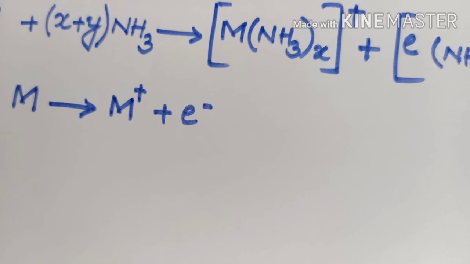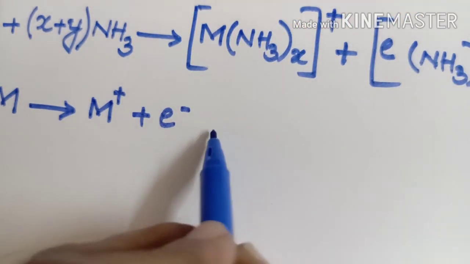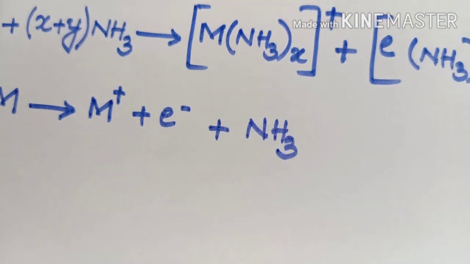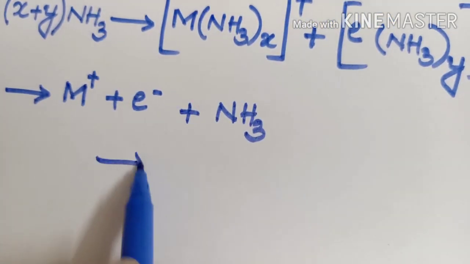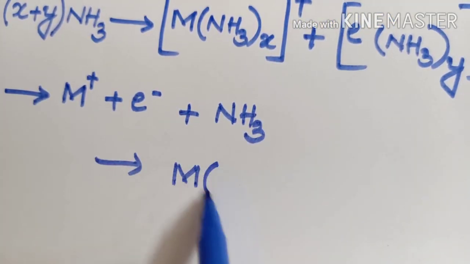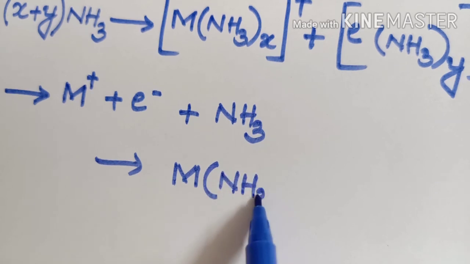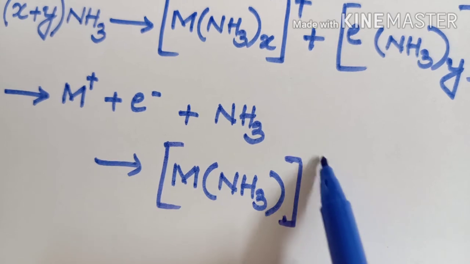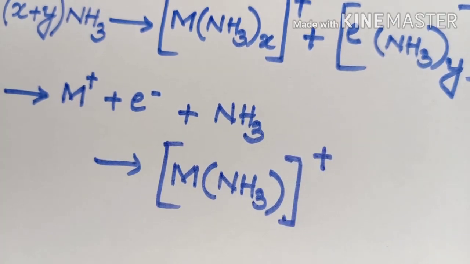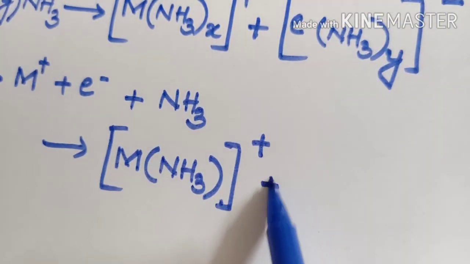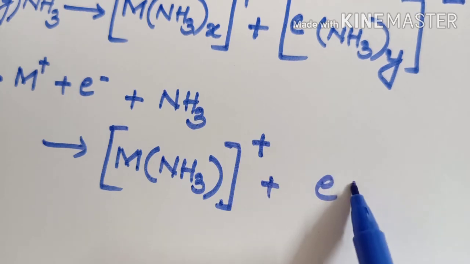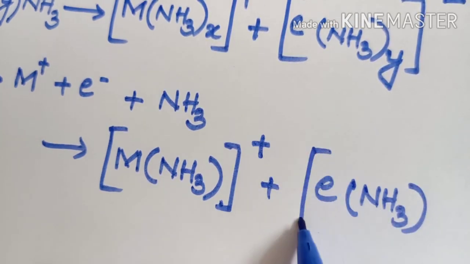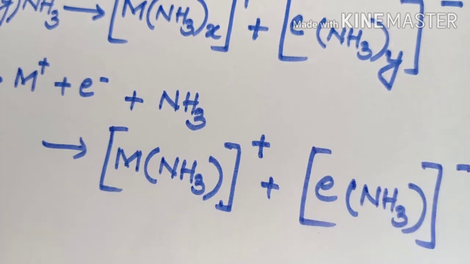When this metal ion is surrounded by ammonia, the metal ion will be surrounded by ammonia molecules. With the result, it will form the complex ion. The electron will also be surrounded by ammonia. That will carry a negative charge.